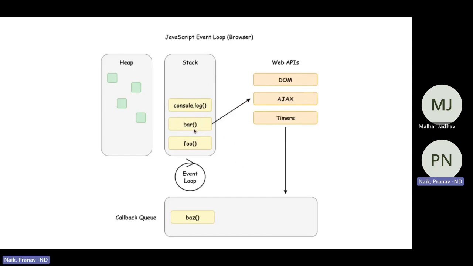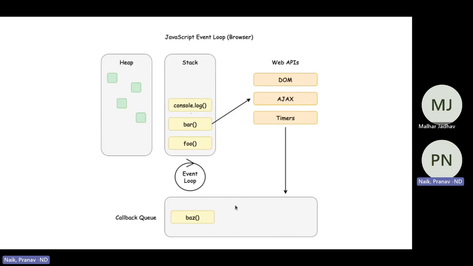In this case, JavaScript identified that this bar is an asynchronous thing. So it will add that method into the callback queue. It says, you are asynchronous, you are going to take time, some callback will return some value in the future.